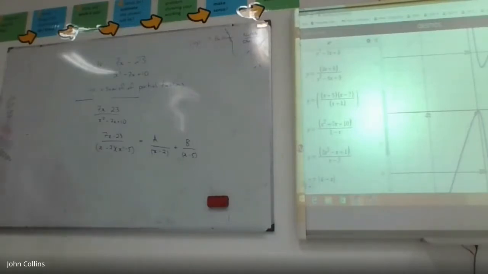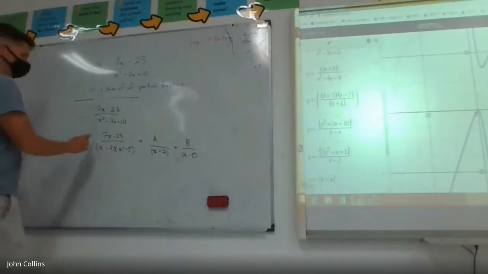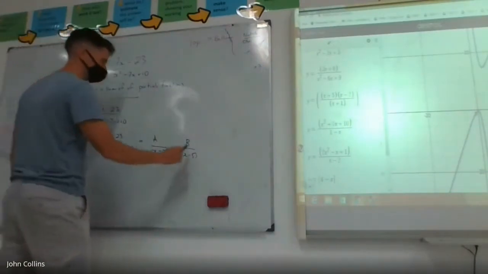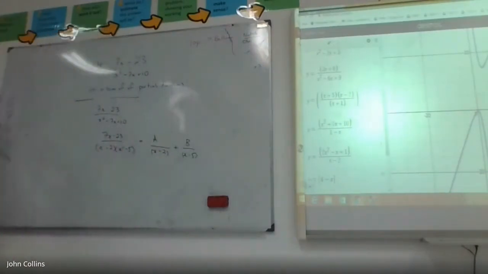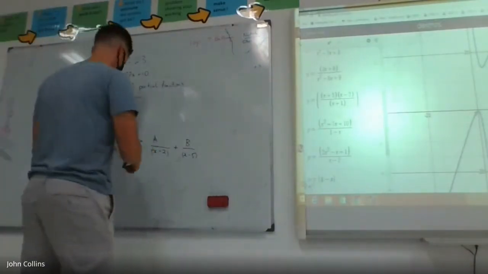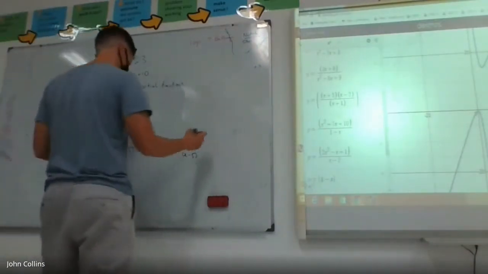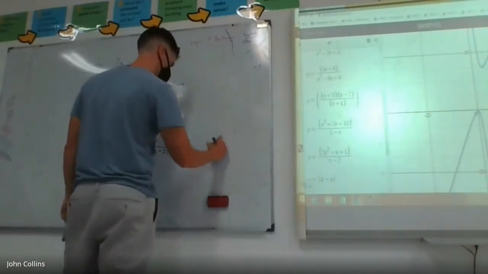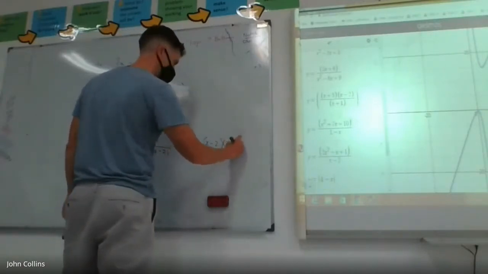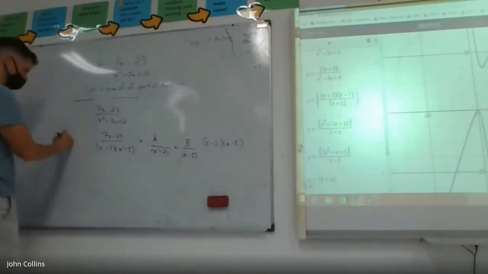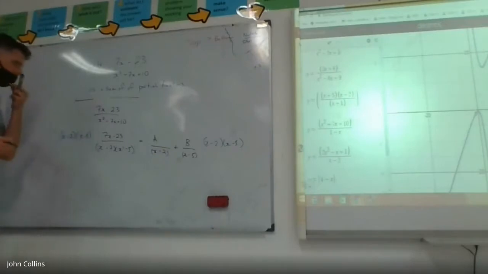I'll give you the quick way, just because we're running out of time. Multiply both sides by something to get rid of the denominators. The quadratic itself, yeah. I'll keep it in its factorized form, x minus 2 times x minus 5. So I've multiplied both sides by its factorized form, because I don't like these denominators, I'm going to get rid of them.